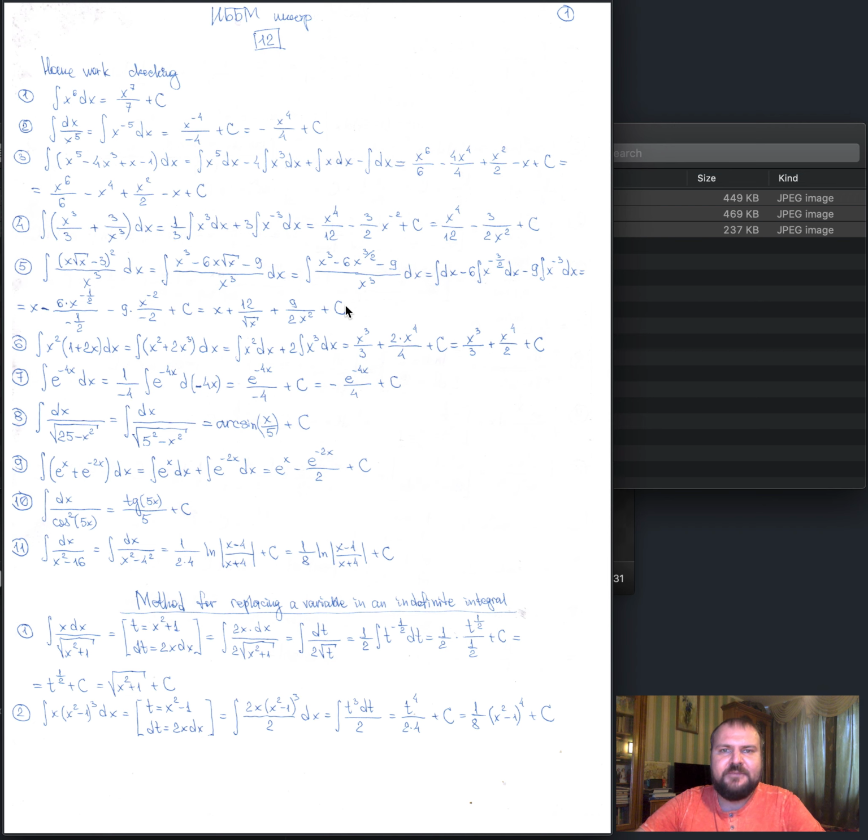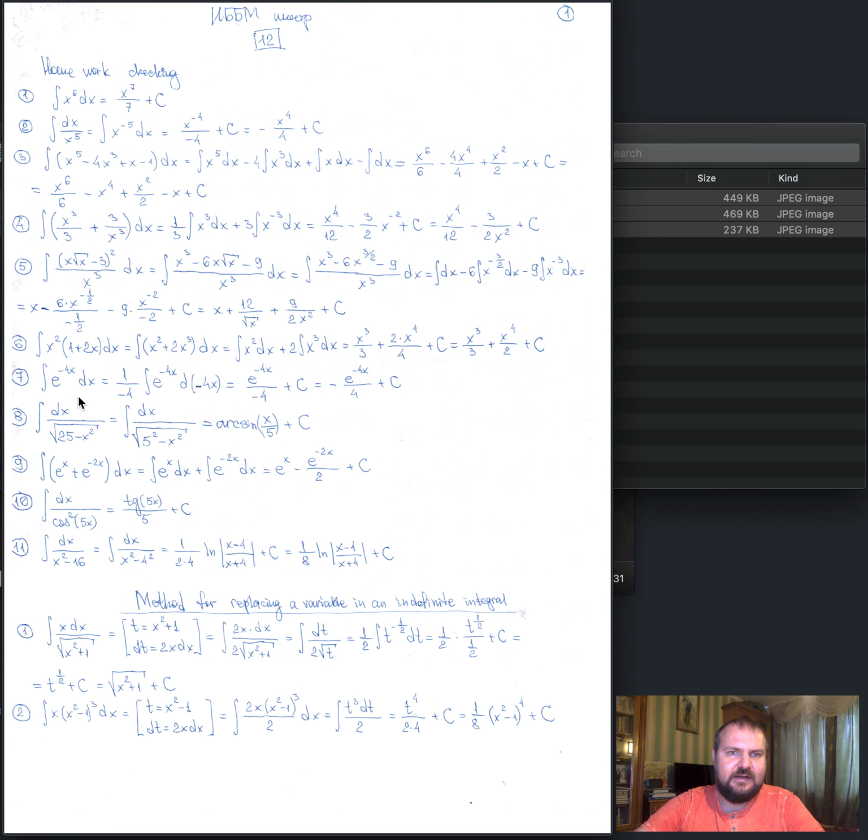We divide all the members in numerator by denominator, and we get three separated integrals as integral dx minus 6 integral from the x in the power minus 3 by 2 dx plus 9 integral from the x in the power minus 3 dx.